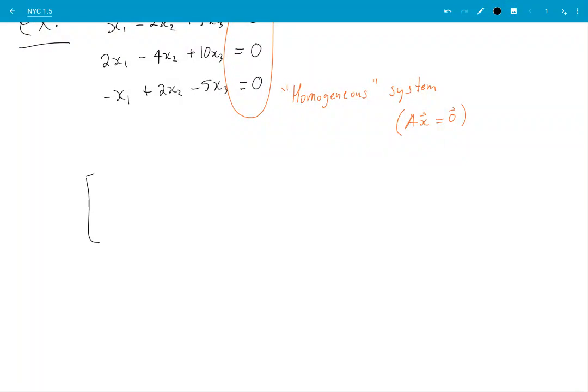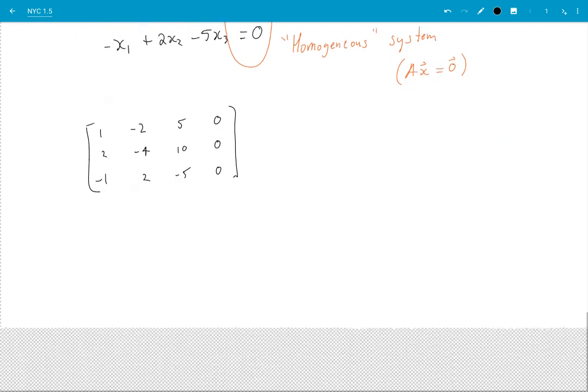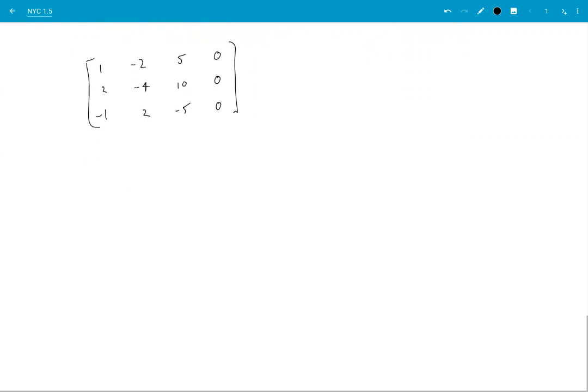Looks like 1, minus 2, 5, 2, minus 4, 10, minus 1, 2, minus 5, 0, 0, 0. Okay, double check that I put everything in there correctly. Start row reducing.